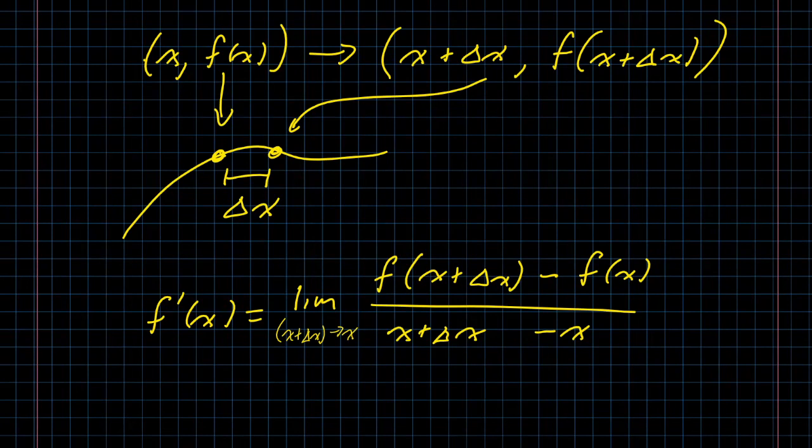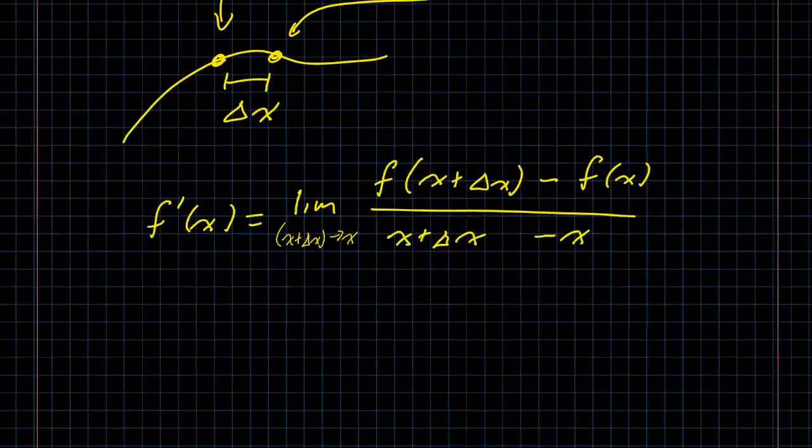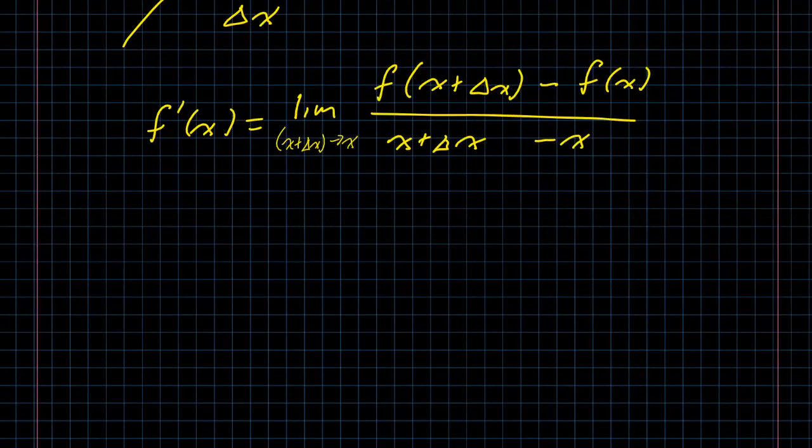But if you think about that carefully, to go from x plus delta x to x, the thing that's really happening here is that delta x is going away. If x plus delta x is going to x, that's equivalent to saying that delta x is going to 0.